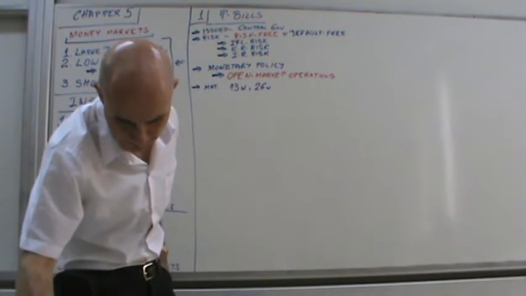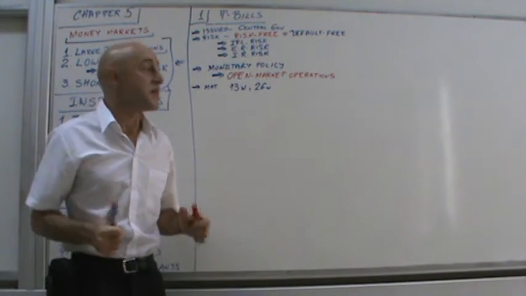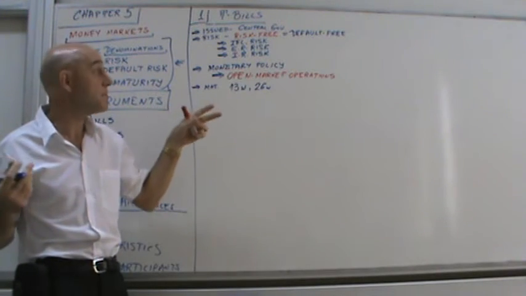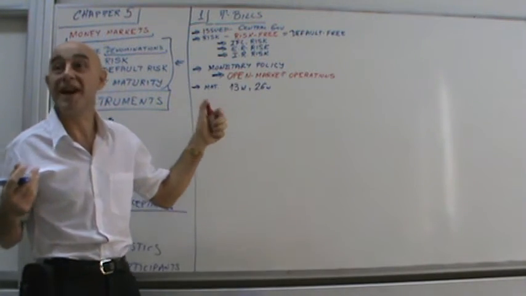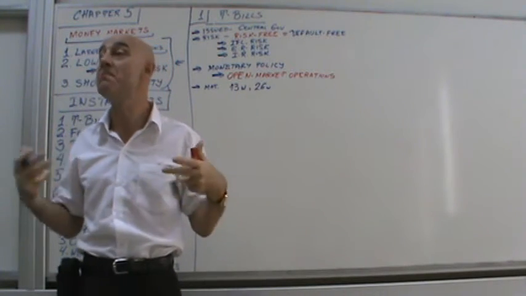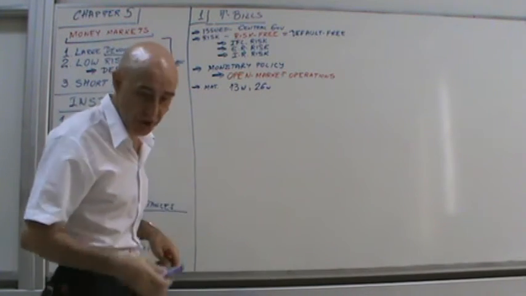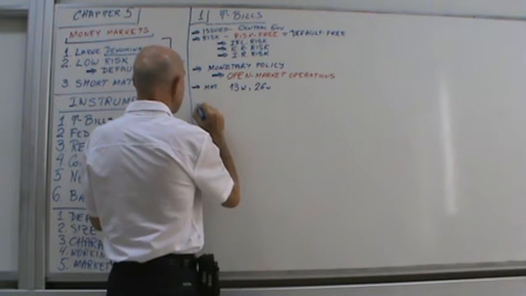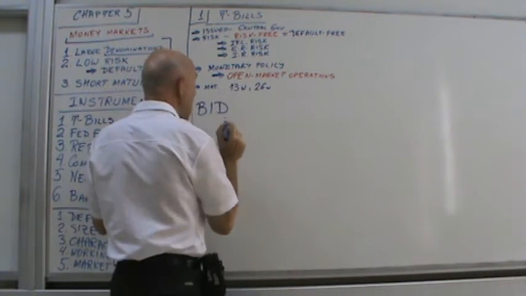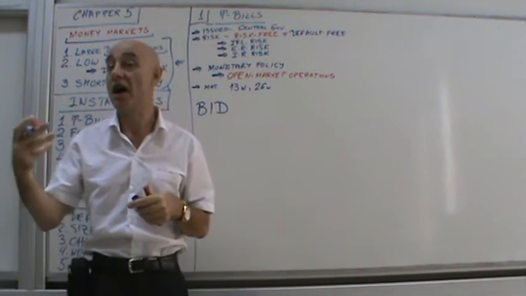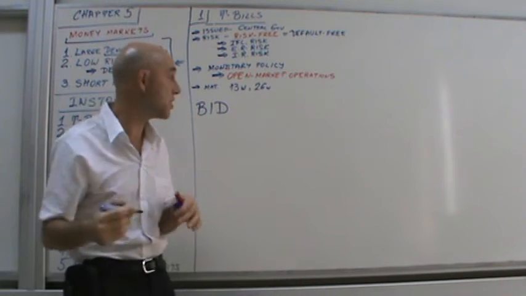Let's see. This is now beginning a general concept. It applies to these, but it applies to the sale of any security. It's a mechanism to sell securities, and any security could be sold with a bid. People will bid. They will ask or offer how much they want.